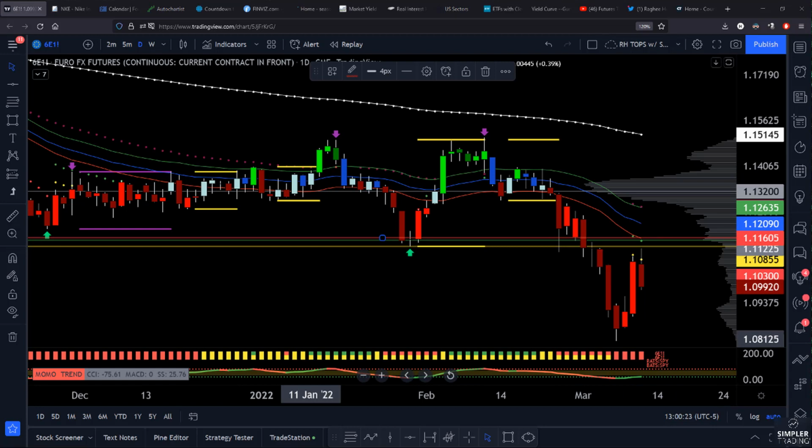So going up into that layer of resistance, starting at about the 111.30 area and extending up into about 111.60. It's only about a 30 tick area. That's where we want to start thinking about the euro shorts. We fell just shy of that, but keep that resistance zone in mind.